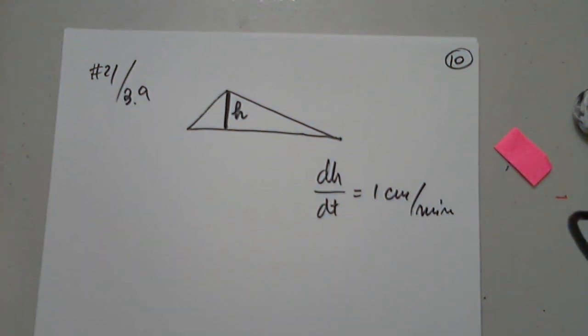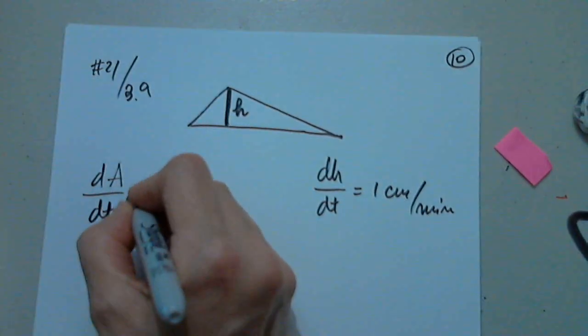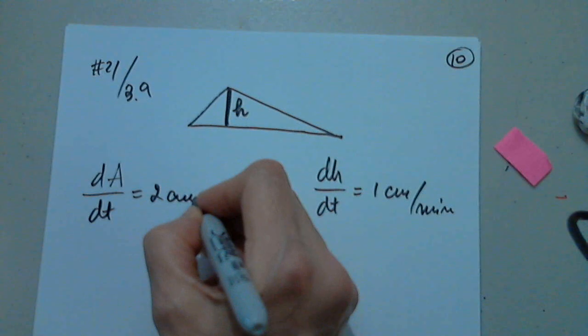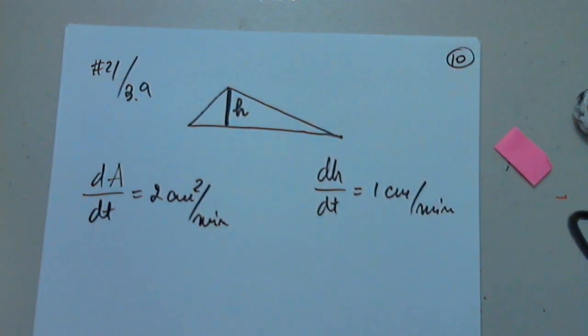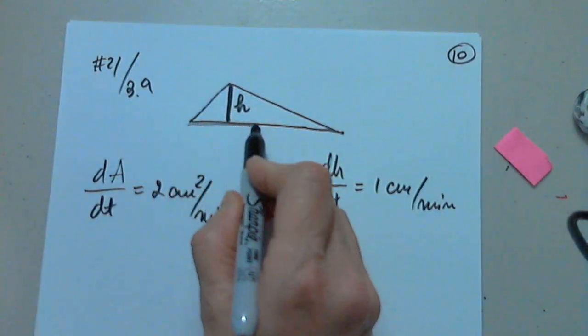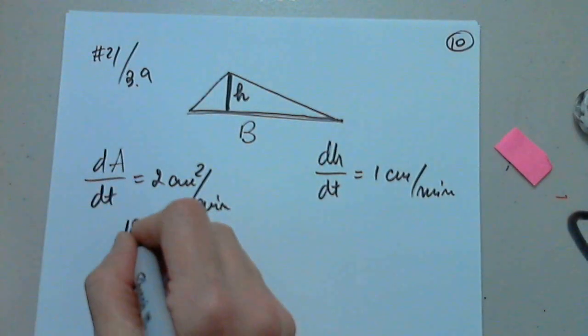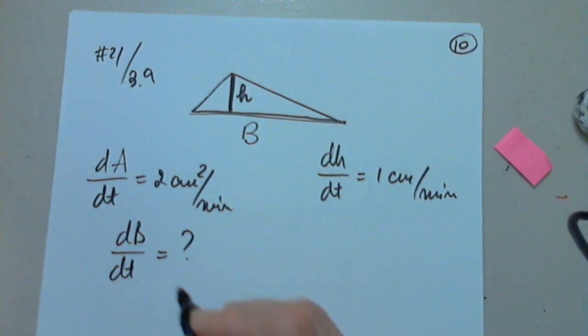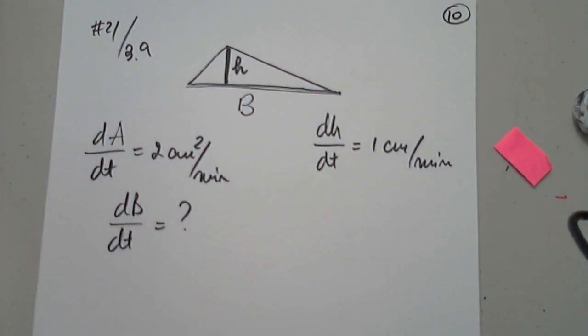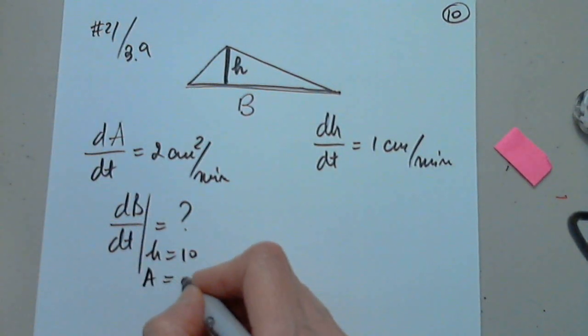While the area of the triangle is increasing, so dA over dt equals 2 centimeters squared per minute. At what rate is the base of the triangle changing? So I'm going to call this uppercase B. So dB over dt is how much when h is 10 and A is 100.